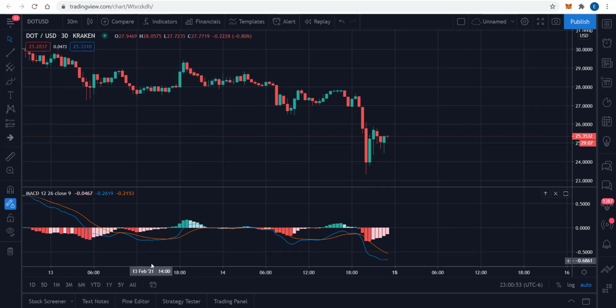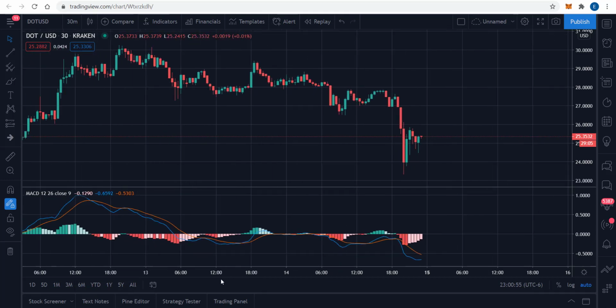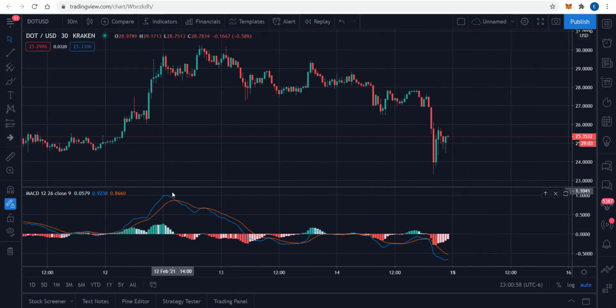So we'll take it to the 30-minute level and see if there's something in here. I do like this cross in the overbought, above the zero line. That's very helpful, but I'm not certain that I would have been able to stay short this entire time, until there was another crossover.